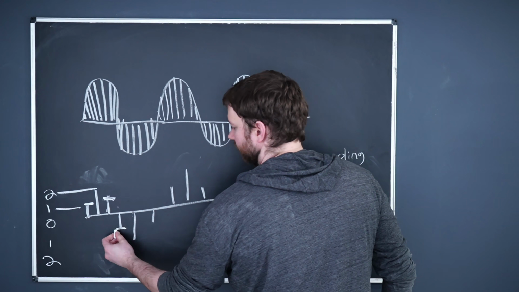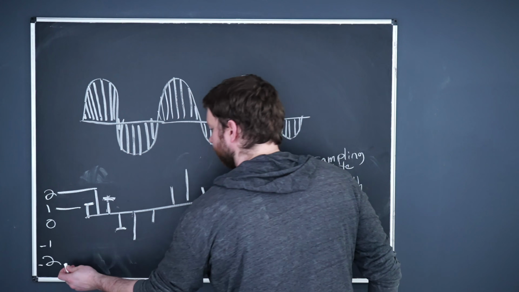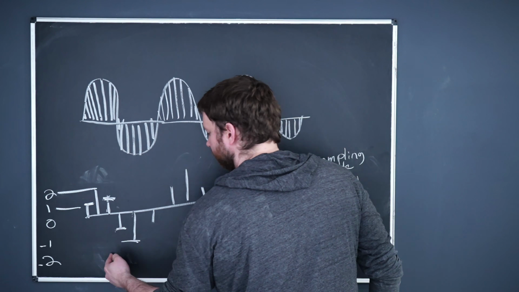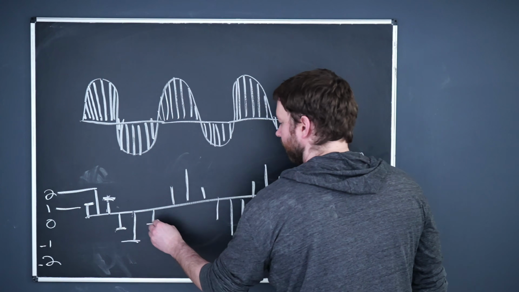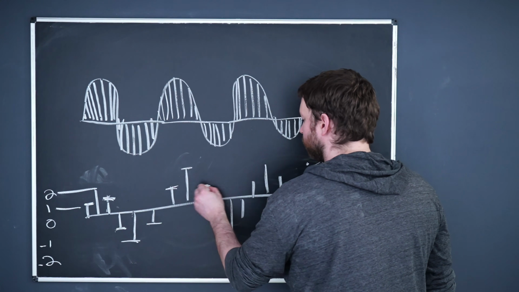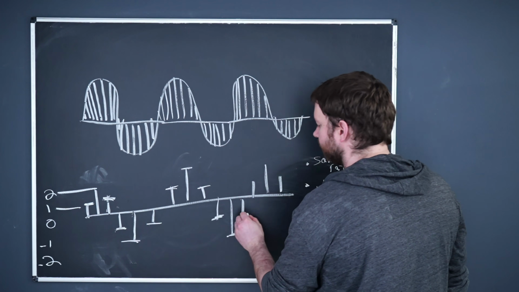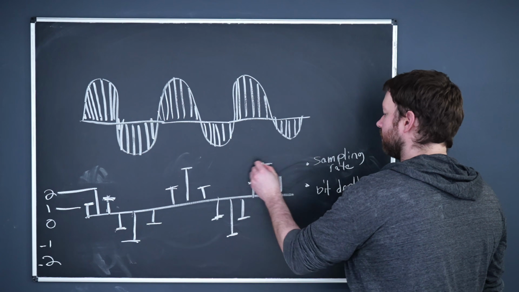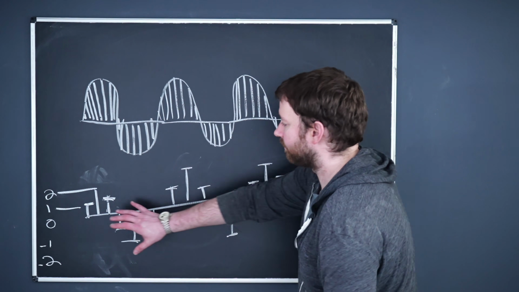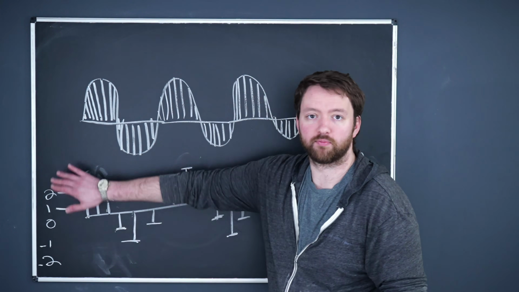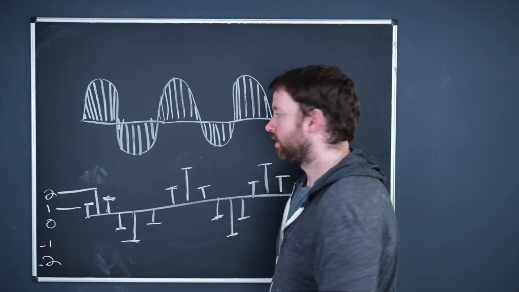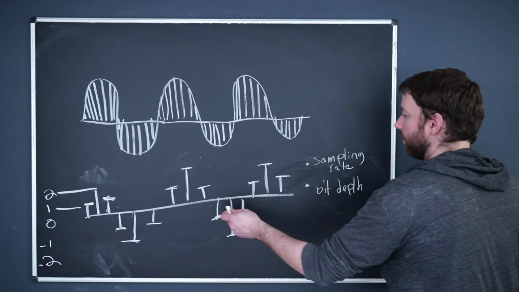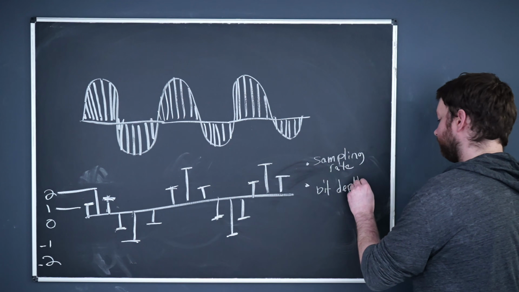So this is like -1 and -2. -1, 1, 2, 1, -1, -2, -1, 1, 2, 1. So we have a very low number of possible values here. This will all make sense in a moment of how this translates to binary.